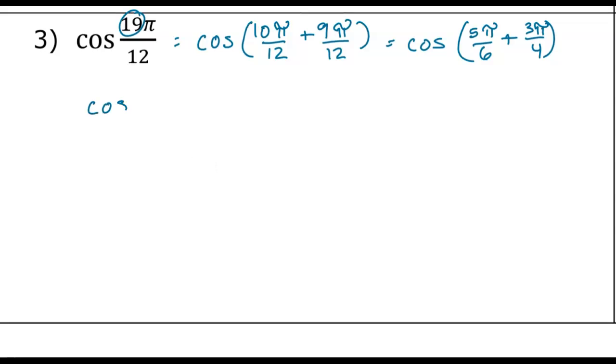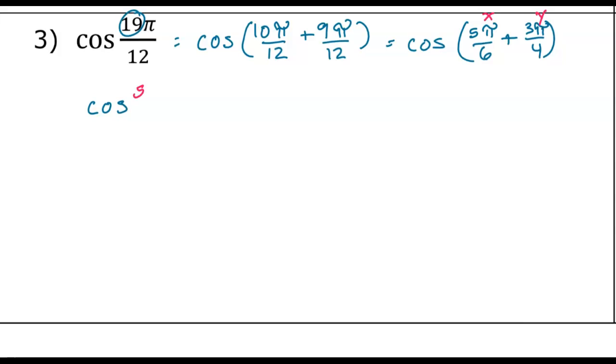What identity are we using here? Which one on our pink sheet? Good. The third one down, cosine addition. So this is our x and this is our y.